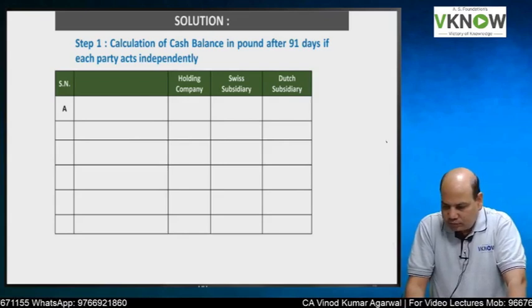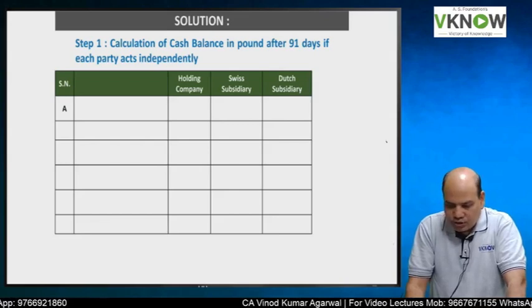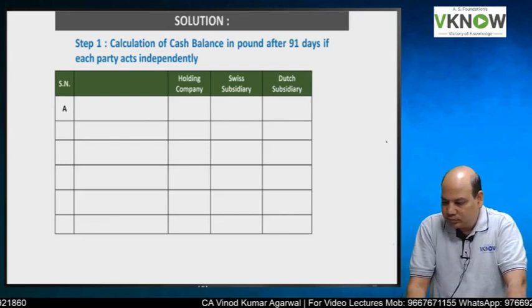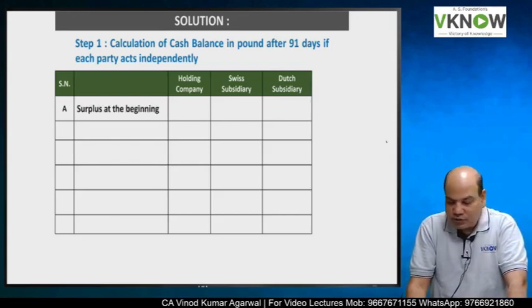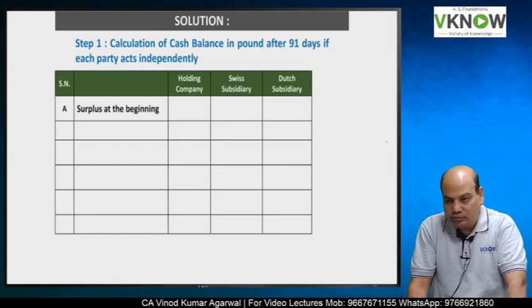Write down holding company in bracket UK, Swiss subsidiary and Dutch subsidiary. So first point A would be naturally surplus at the beginning.